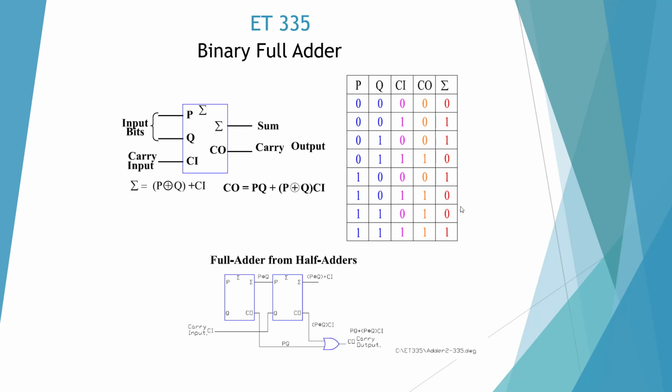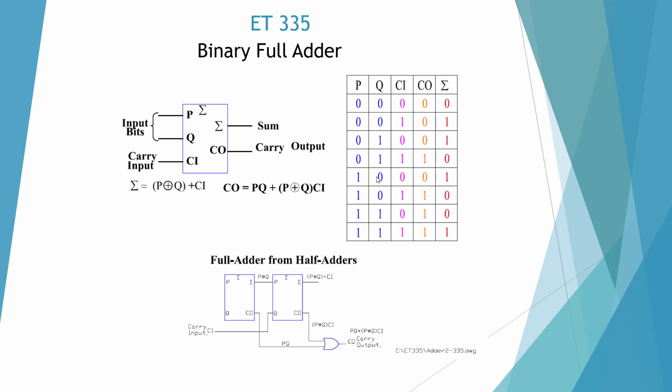So if we go through here, 0 plus 0 plus 0 is sum 0, carry 0. 0 plus 0 plus 1 would be 1 sum, carry 0. 0 plus 1 plus 0 would be sum 1, carry 0. 0 plus 1 plus 1 would be 0, 1, which is equivalent to a binary 2.